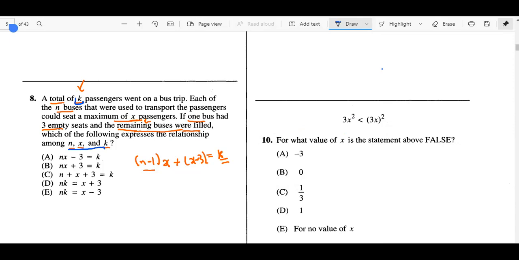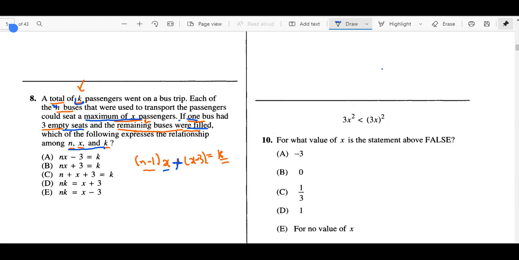So if one bus had 3 empty seats and the remaining buses were filled, total number of buses is n. Obviously, remaining would be n minus 1. If I forget about this one bus, I will have n minus 1 only, and they were filled. Filled means they are going to have maximum of x passengers. So I will have x here plus, I am going to write down the situation for that one bus.